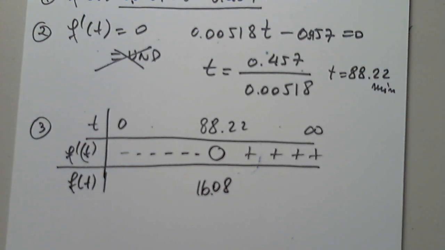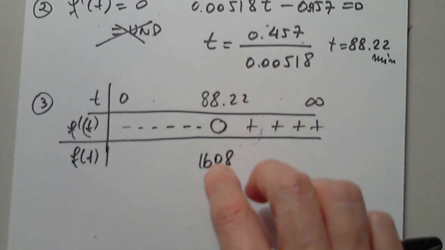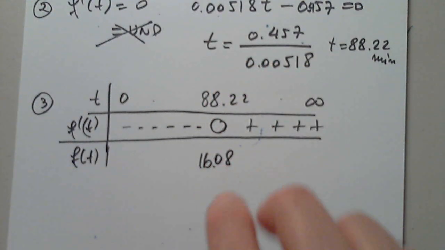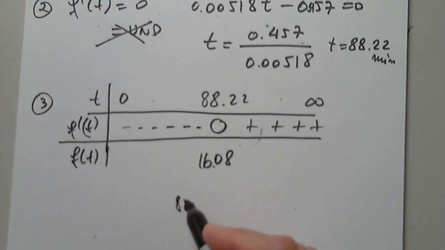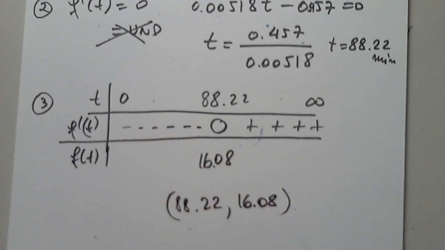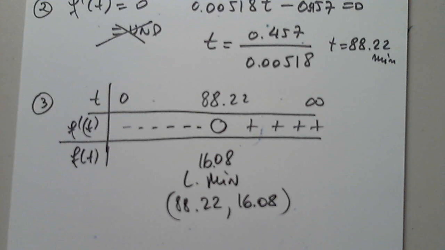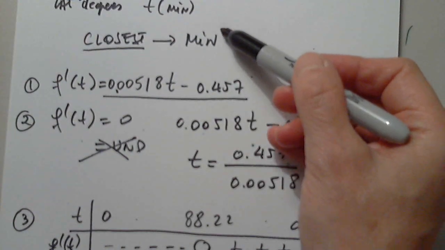I'm asking you now, what type of point is 88.22 comma 16.08? Based on what you see here. And the answer is yes, a local minimum or relative minimum, whatever you want to say, as expected.